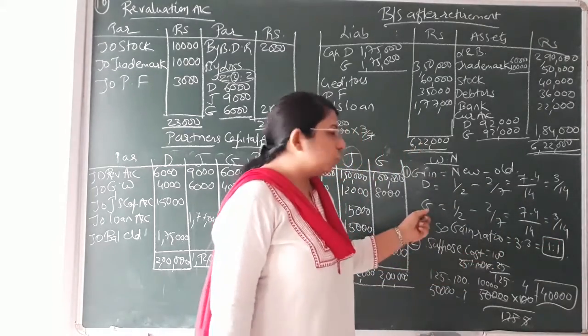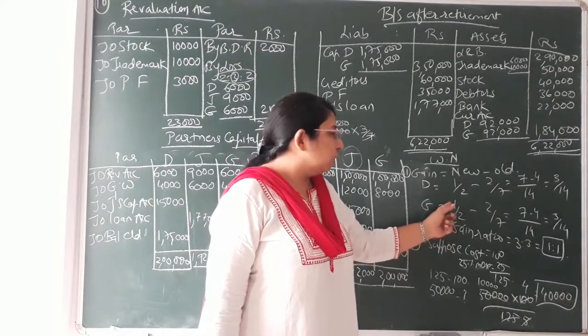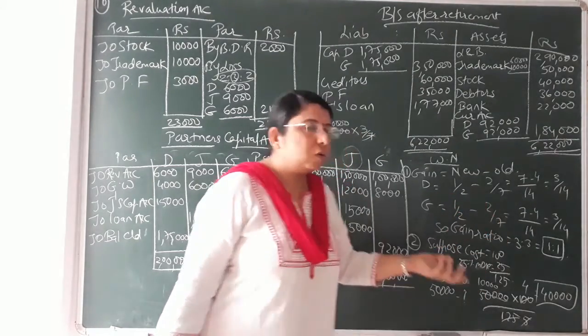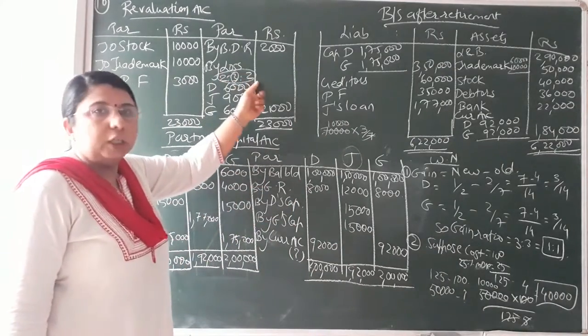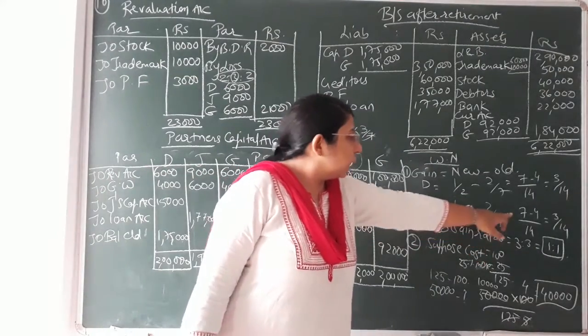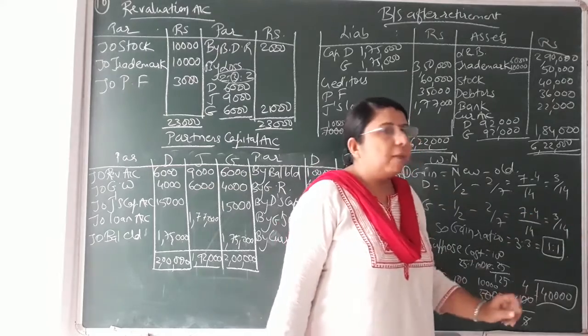In the same way the same thing is repeated for G also, because the new ratio is common for both, that is 1 by 2, 1 by 2. So 1 by 2 minus the old ratio, which is also the same; you can see 2:3, 3:2. So for both the old share is equal, 2 by 7, and the same calculation: 7 minus 4 upon 14, the answer would come to 3 by 14.